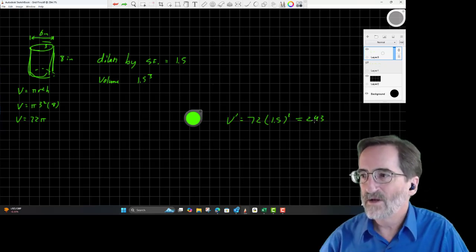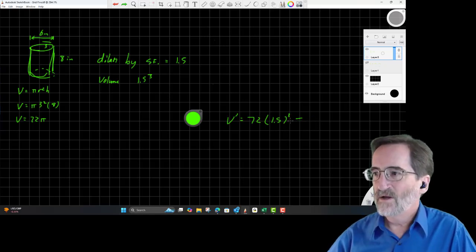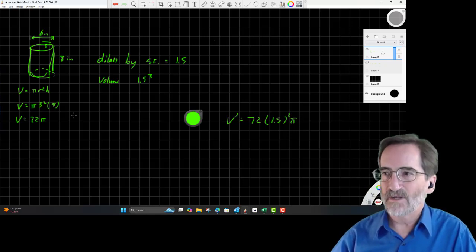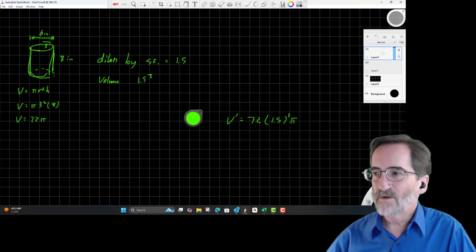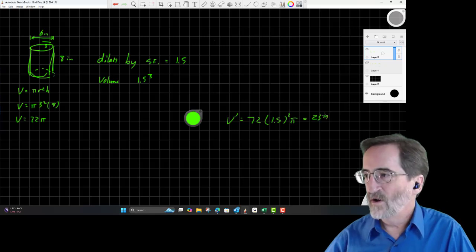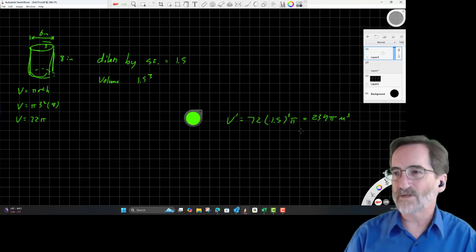Sorry, 243 pi, because it's times pi: 72 pi times 1.5 to the third is 243 pi cubic units. And we could put in 3.14 for pi, or a better approximation, and come up with an answer that way.